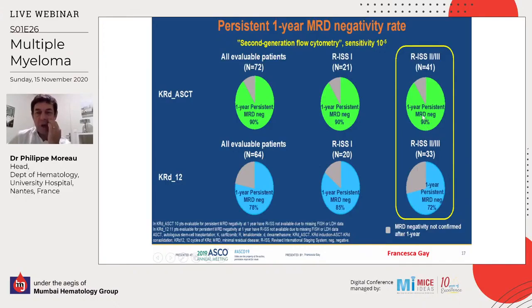We have a higher rate of MRD persistent negativity, 90% in the stem cell transplantation arm versus 72% in the KRD arm alone. Suggesting that, okay, you can reach 10 to the minus 5, but this threshold will be maintained more easily in the stem cell transplantation arm versus KRD alone. So this is important information. Definitely we need long follow-up. That was for the first time the assessment of MRD negativity sustained at 1 year.